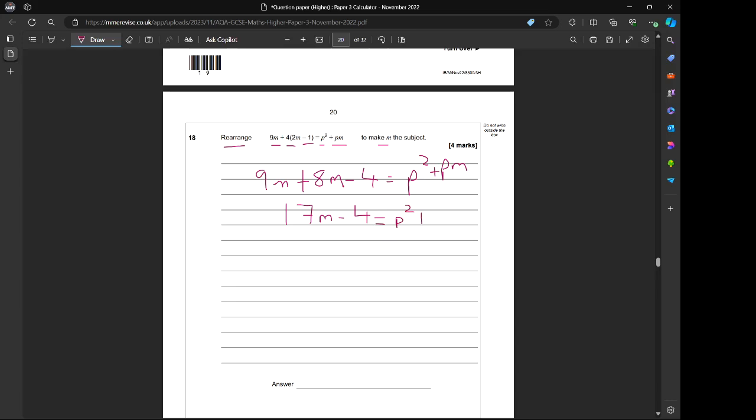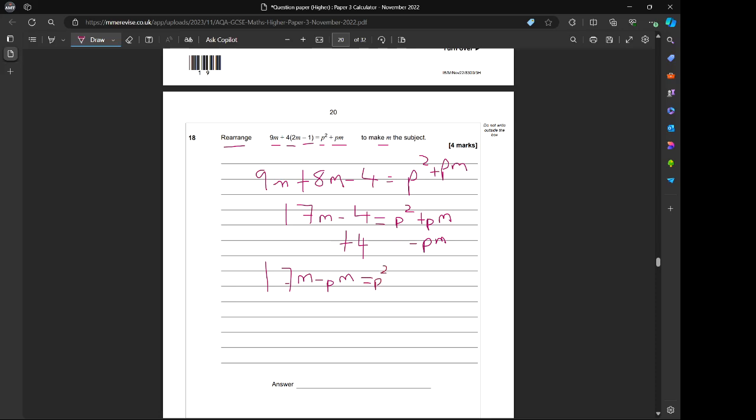I'm now going to get all my m terms onto one side and all my non-m terms on the other side. So I'm going to subtract pm from both sides, and I'm also going to add 4 to both sides. When I do that, we get 17m minus pm, or mp, equals p squared plus 4.